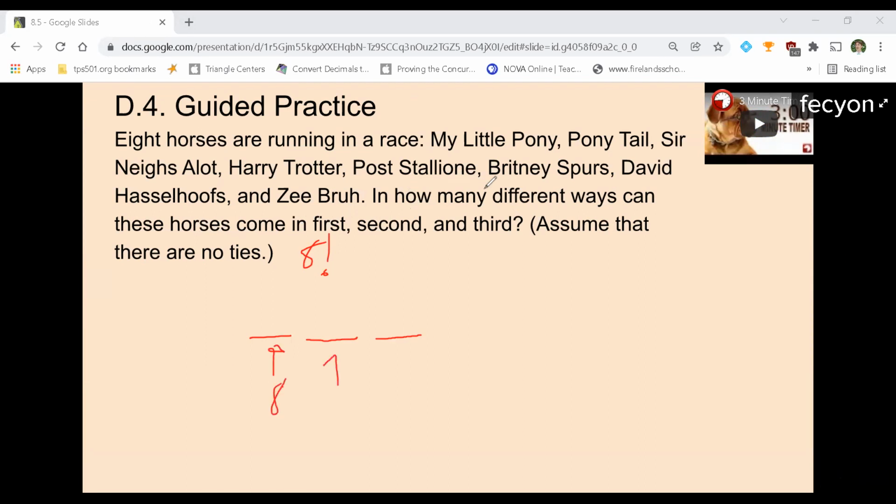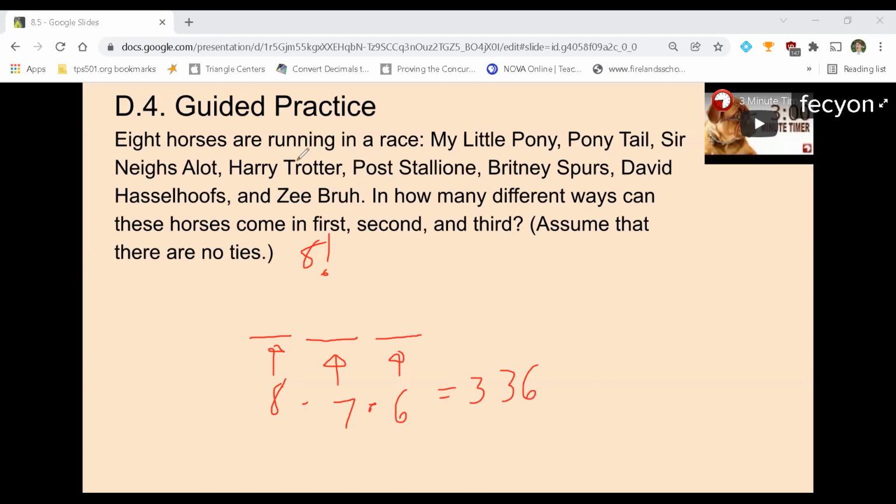How many choices did I have for second place? 8. So how many do I have for third place? Now we multiply those. And we get 336. Out of a total number, what is 8 factorial? It's probably really big. Out of the total, 40,320.